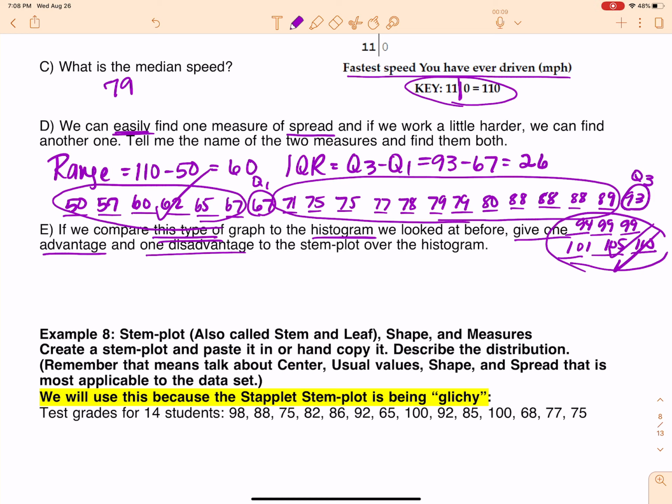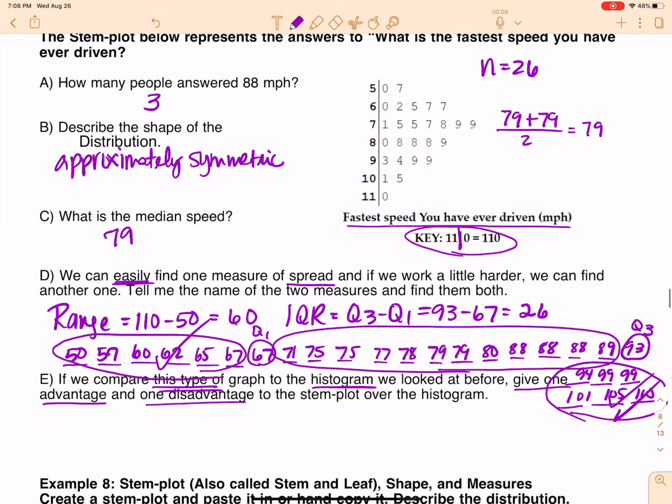Okay, well, if you'll think about a histogram, it would just have bins. So if I were to take this and turn it over, so that it looked like this, I would have a bin that would be 2 high at 50, and a bin that would be 5 high at 60, and at 70, you get the idea.